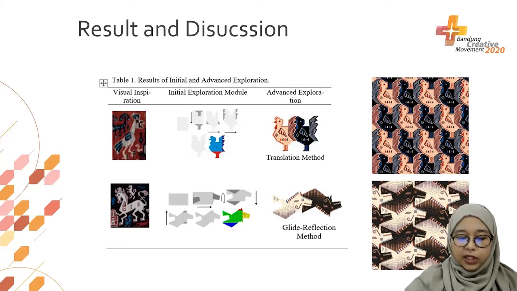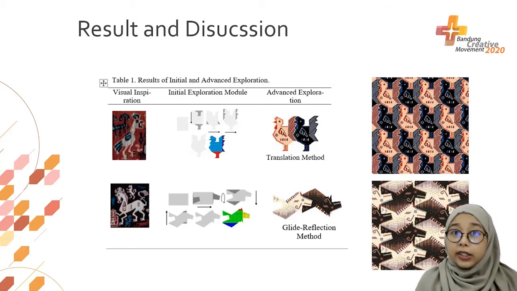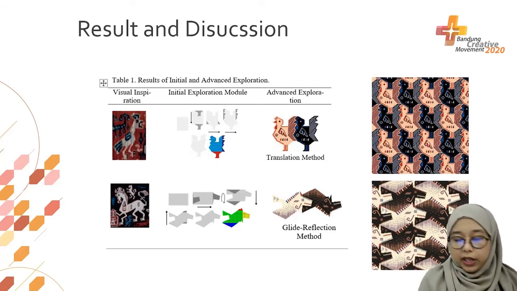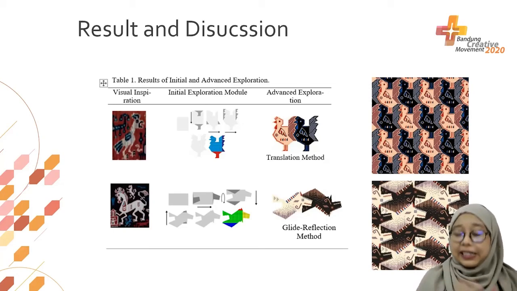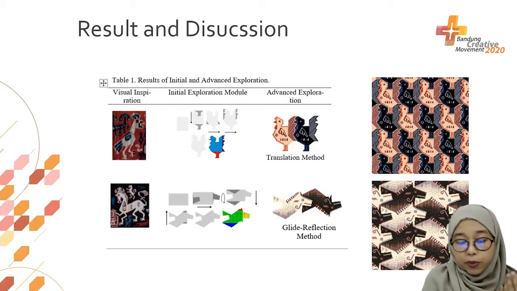Then in the advanced exploration, colors and more detailed elements were added into the motif modules. Virtual texture elements were used by making a square geometrical arrangement in the coloring process and providing the details, because as we know, the characteristic of Indonesian woven textile is in its details, to imitate the real texture of Sumba woven textile.